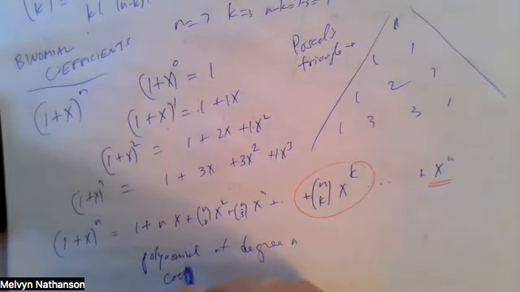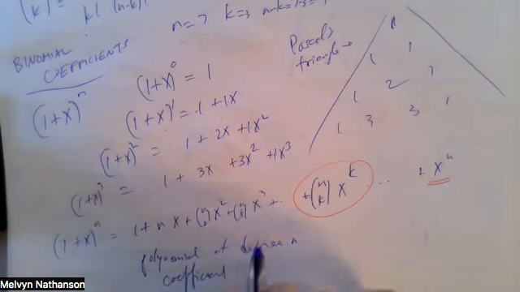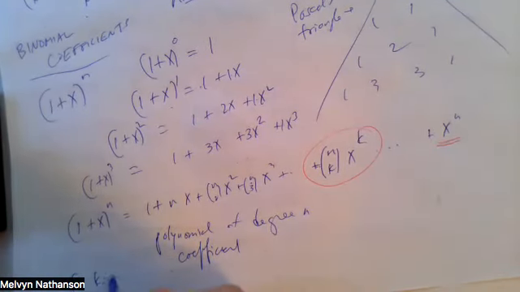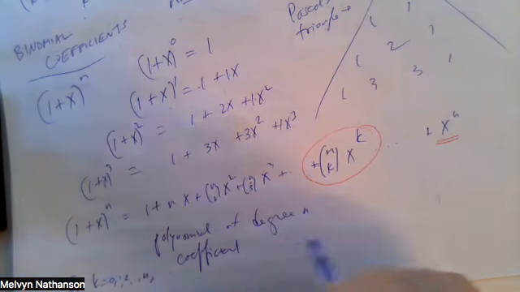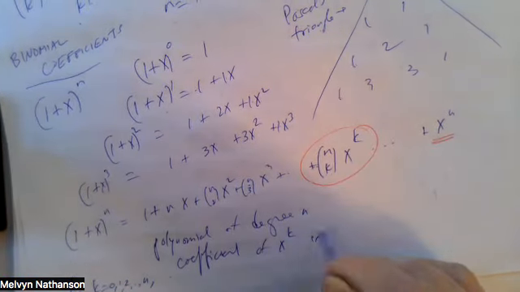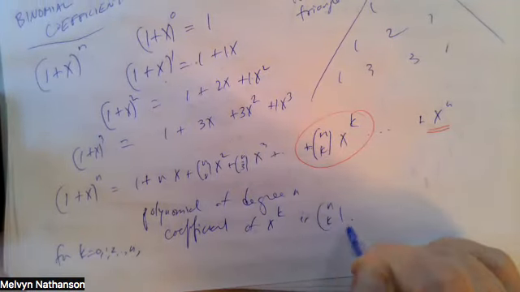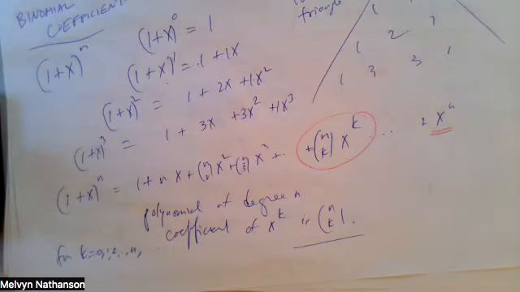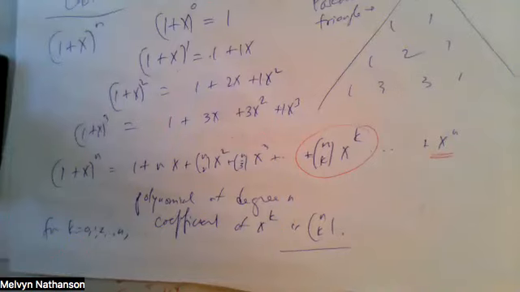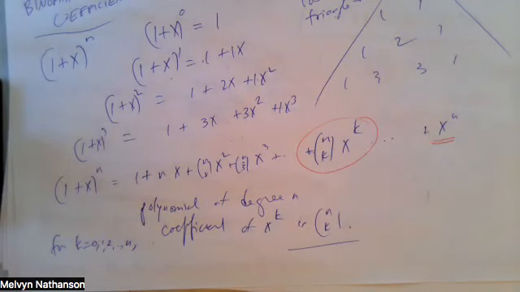And for k going from 0 up to n, the coefficient of x to the k is the binomial coefficient n choose k. Right? So if you haven't seen this in calculus or pre-calculus or somewhere, now you see it, but this is something you should know before you learn calculus, because this is really just a kind of higher level high school algebra.